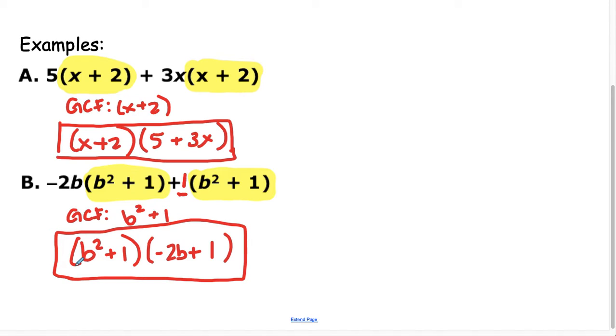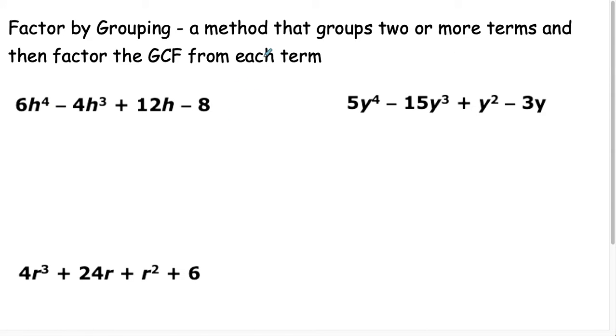Now we need to identify when to factor by GCF, because we can use this method in the method of factor by grouping. In this method, it groups 2 or more terms together, and then we can factor out the GCF from each term.